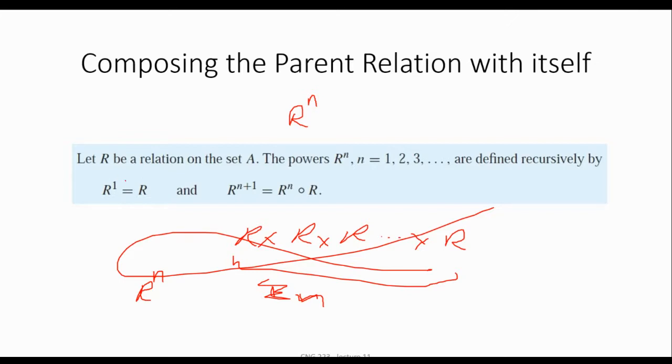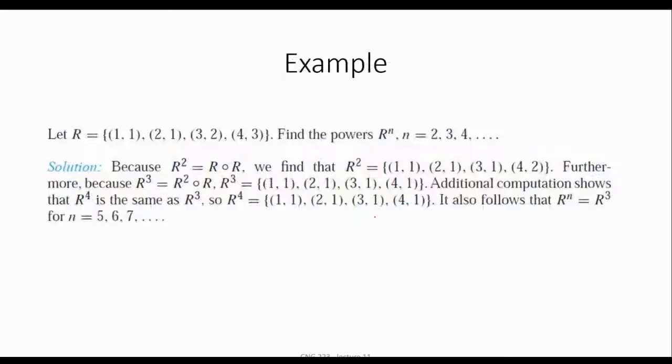So R^1 means R itself. If I'm talking about R^(n+1), it means the composite relation between R^n and R, okay? The same way we are dealing with powers, we can also represent them. It's not a bad idea to show an example related to that.